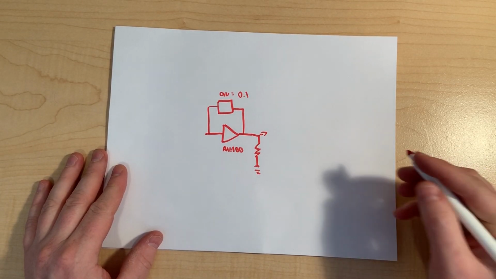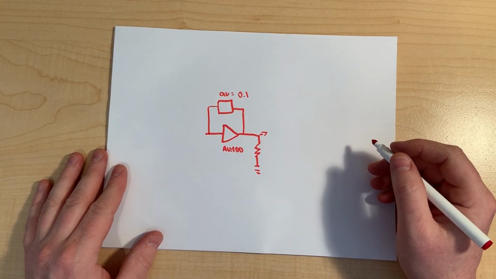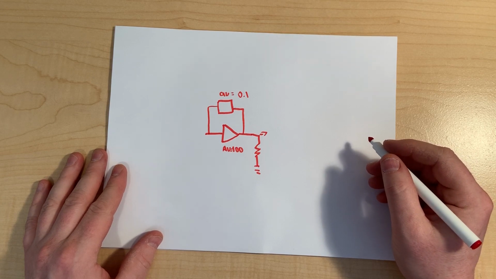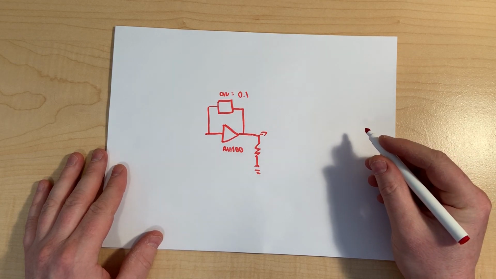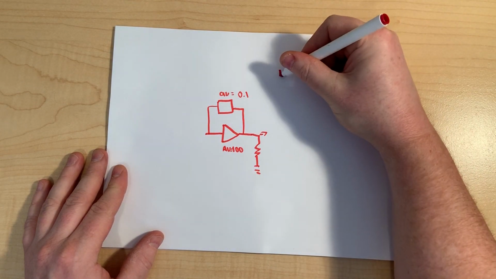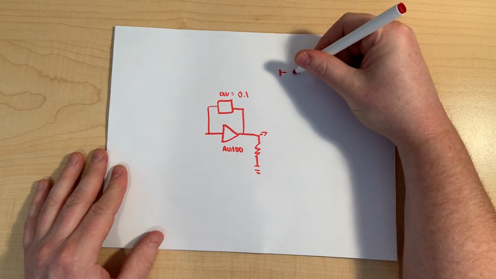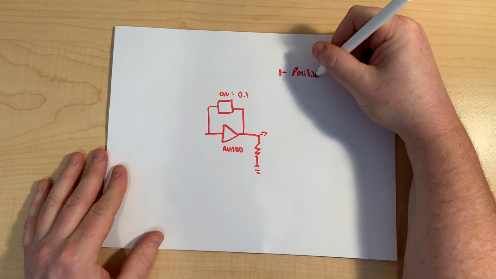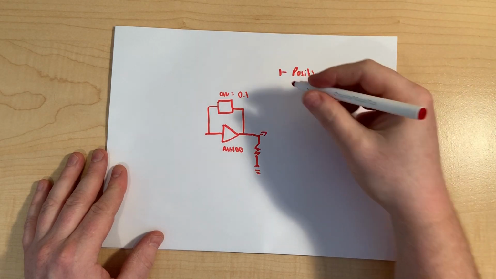Okay, so to review the three criteria of the oscillator. First criteria being it needs to be positive feedback, right?